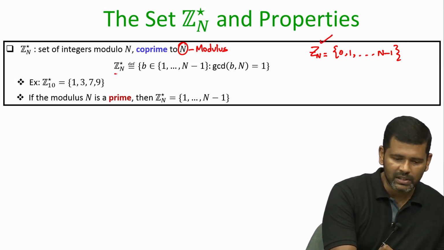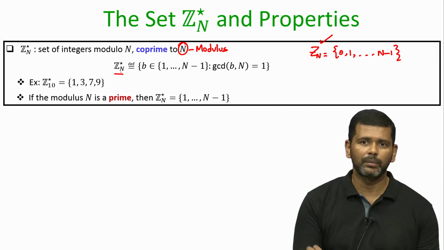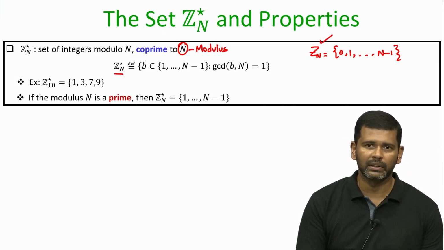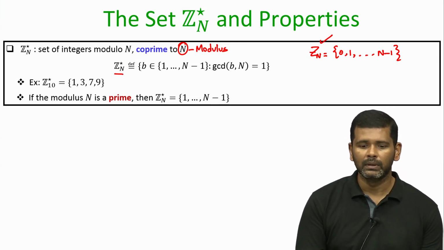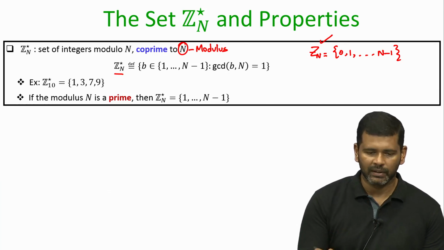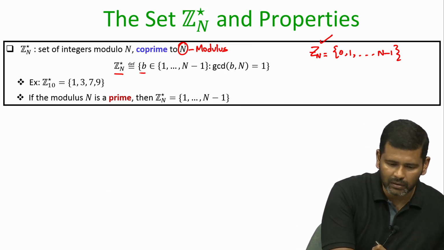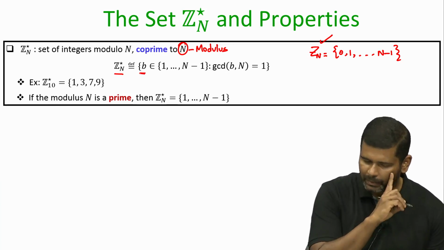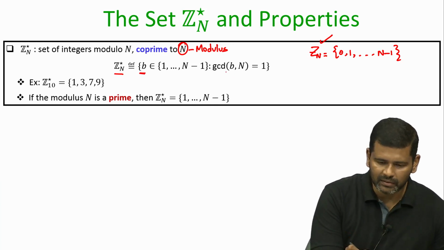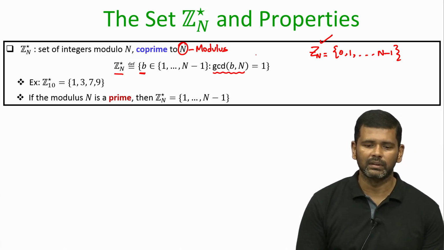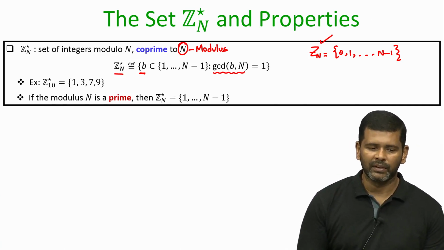Now, what is Zn star? Zn star is a subset of Zn which has only those elements which are relatively prime or co-prime to the modulus n. Namely, it is the collection of all the integers b from the set Zn such that the GCD, the greatest common divisor of the number b and the modulus n, is 1.